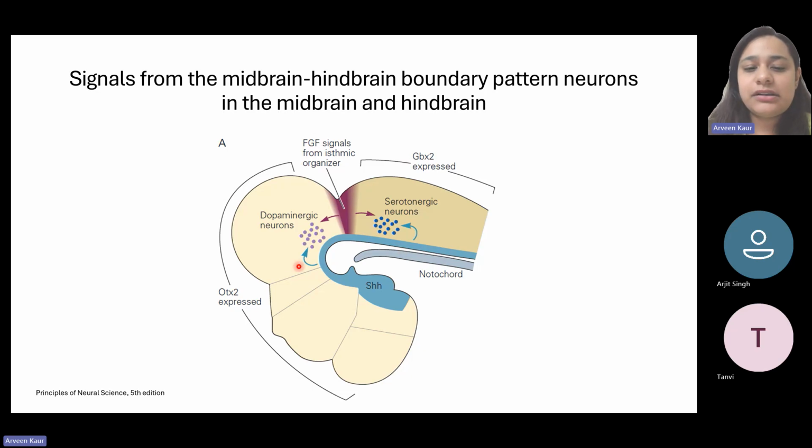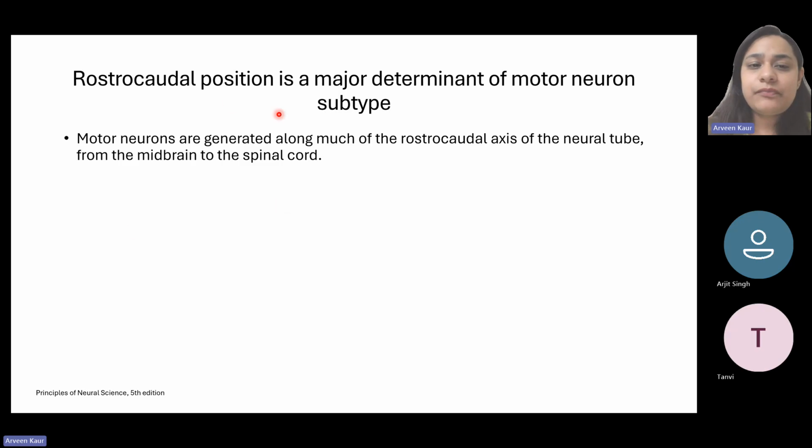Whereas over here, the transcription factor that is expressing is OTX2. Sonic hedgehog signaling is there, right? So this combination will lead to formation of dopaminergic neurons over here, right? This signaling combination. FGF is obviously present because it is affecting these regions from this midbrain hindbrain boundary, right?